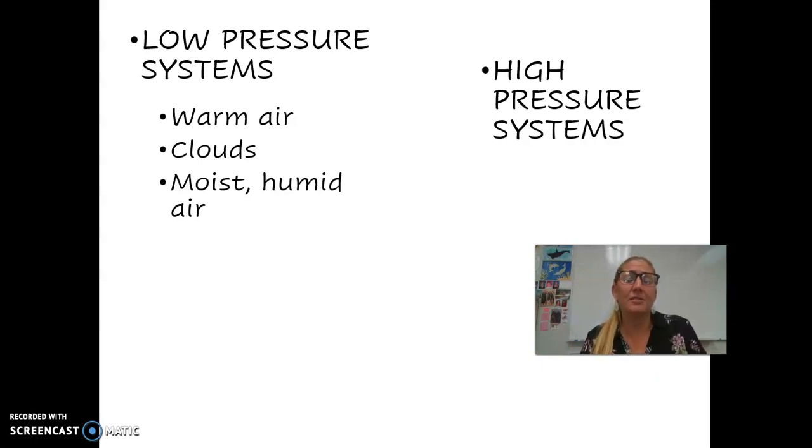And low pressure systems tend to be cloudy. And the clouds are going to play a role in regulating the climate in an area that has a low pressure system. Again, we'll use South Florida as an example. The clouds will act to trap heat, usually at night more often.